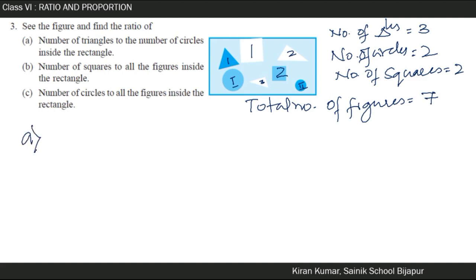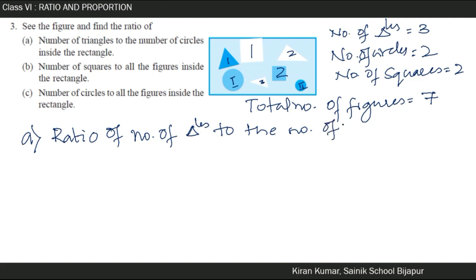Now we need to find the ratio of the number of triangles to the number of circles inside the rectangle, which will be equal to 3:2 or 3/2.